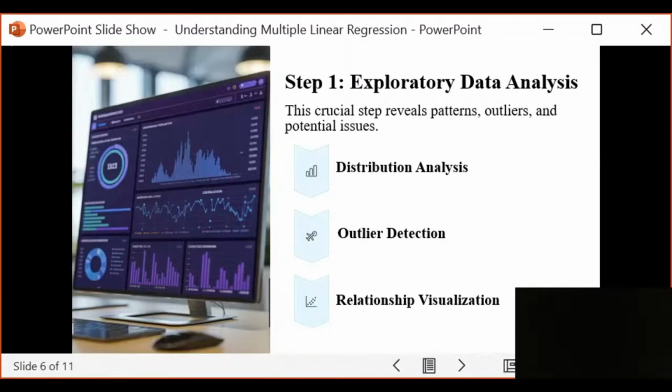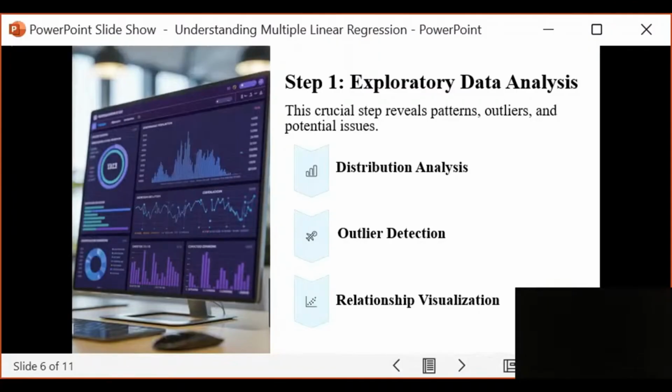So what we will use are scatter plots, correlation matrices, or pair plots that can help us see whether the relationships look linear and whether any predictors are too highly correlated with each other, which could indicate multi-collinearity. And take note that one of the assumptions is that our data should not be multi-collinear.